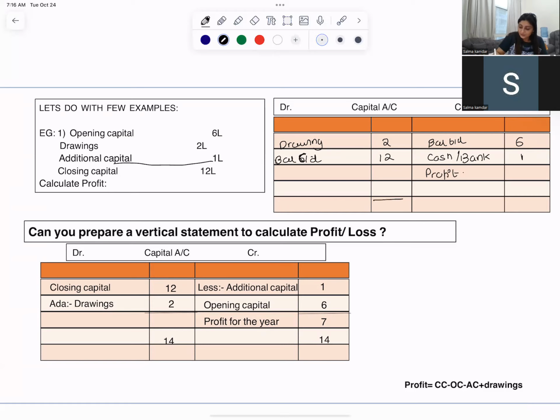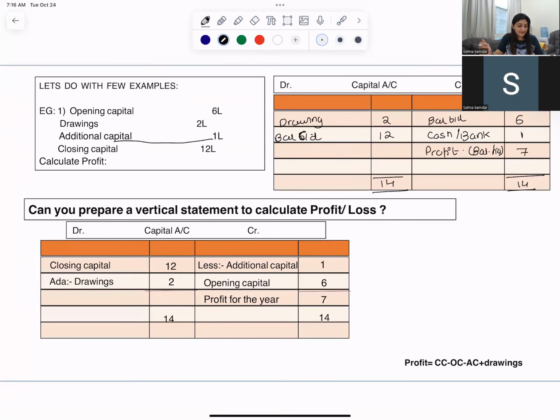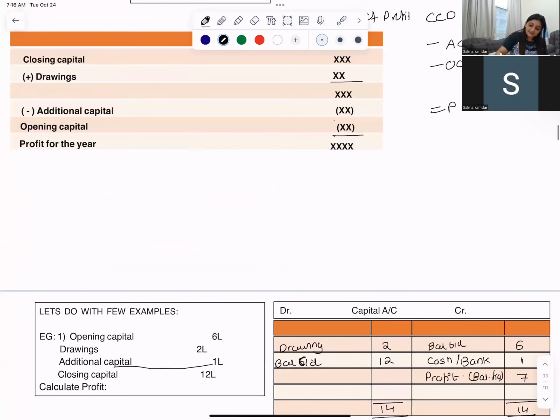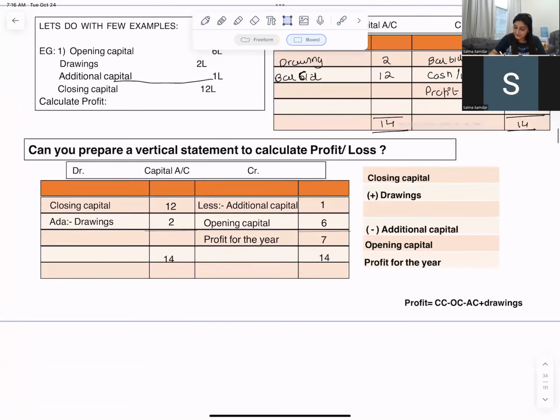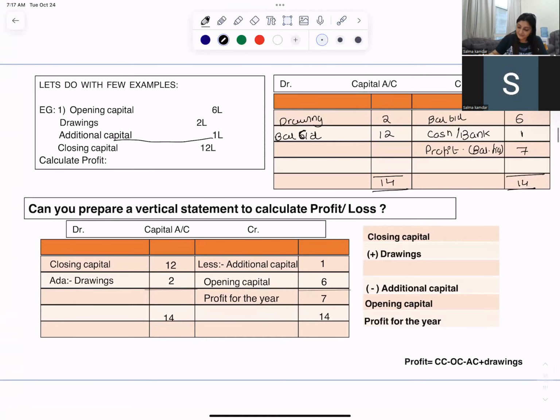So the total of the debit is 14. From the 14, I am deducting opening capital and additional capital. So I will get 7 as my profit, which is my balancing figure. If the same thing I have to prepare in the vertical format, how will I do it? I will use this format CCD minus AC minus OC is equal to P. So what is my closing capital?